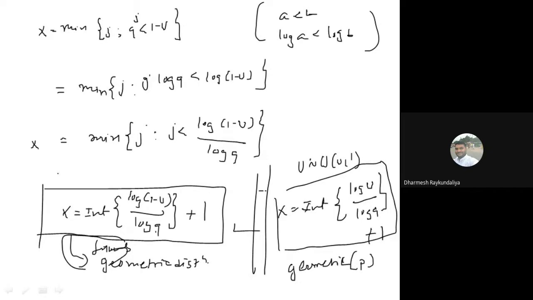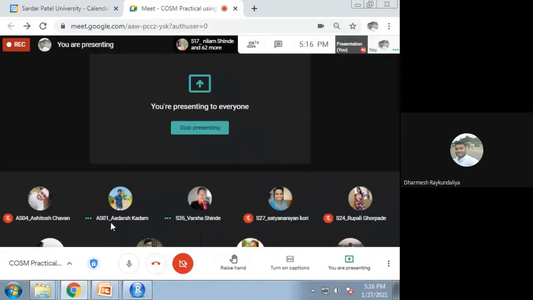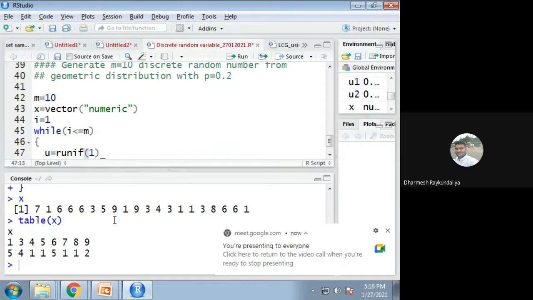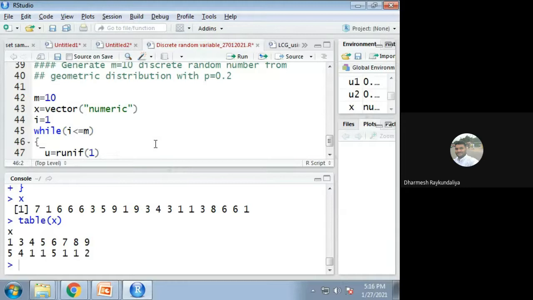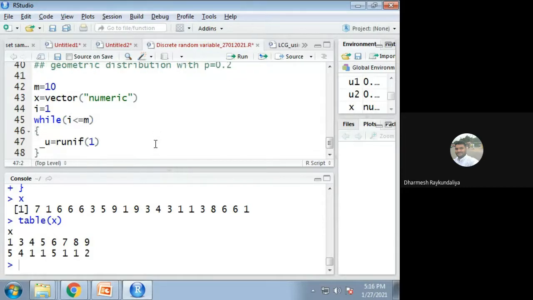You can generate from either this or this; both give the same result. Once p is known, you can get q.